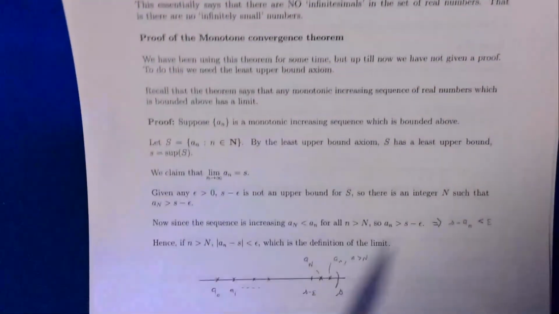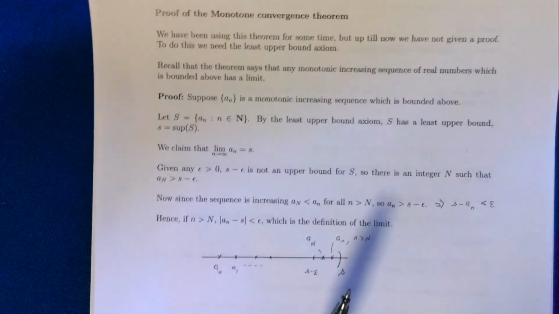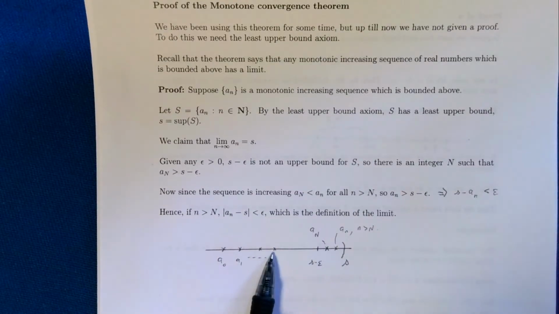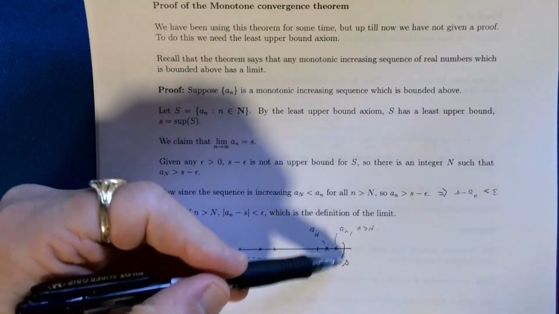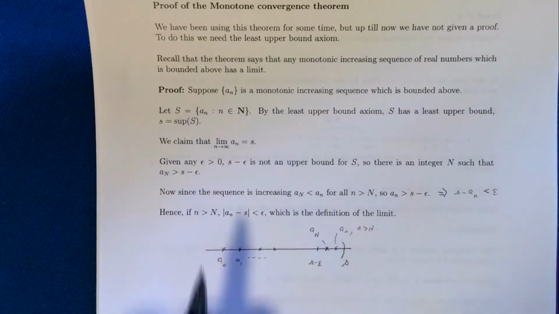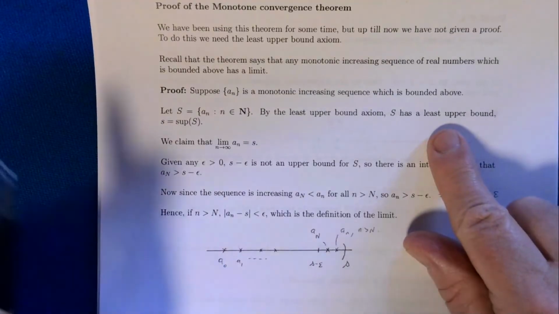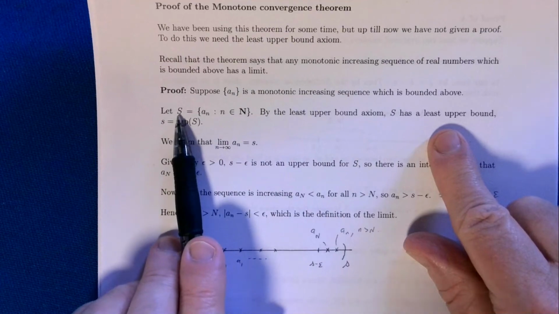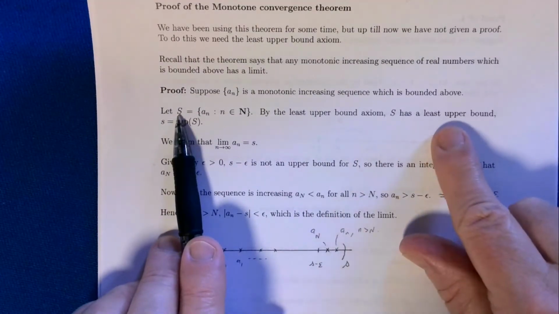Again, I like to think graphically all the time. So here we have a_0, a_1, a_2, so the terms are getting bigger. There's a brick wall somewhere, it's bounded above. Now, by the least upper bound axiom for the real numbers, this set S is bounded above, so it has a least upper bound.